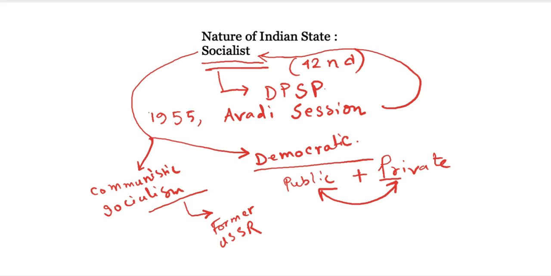So the private sector will work independently and have freedom, and the public sector, that is the government, will also give some services. This type of economy is called a mixed economy, a mixed economic model. And most of the countries in the world today follow this mixed economic model.